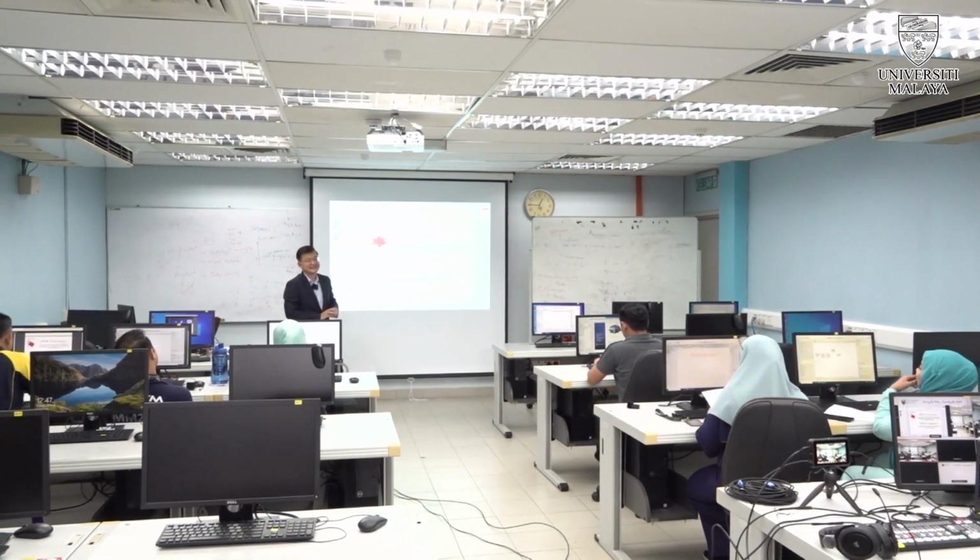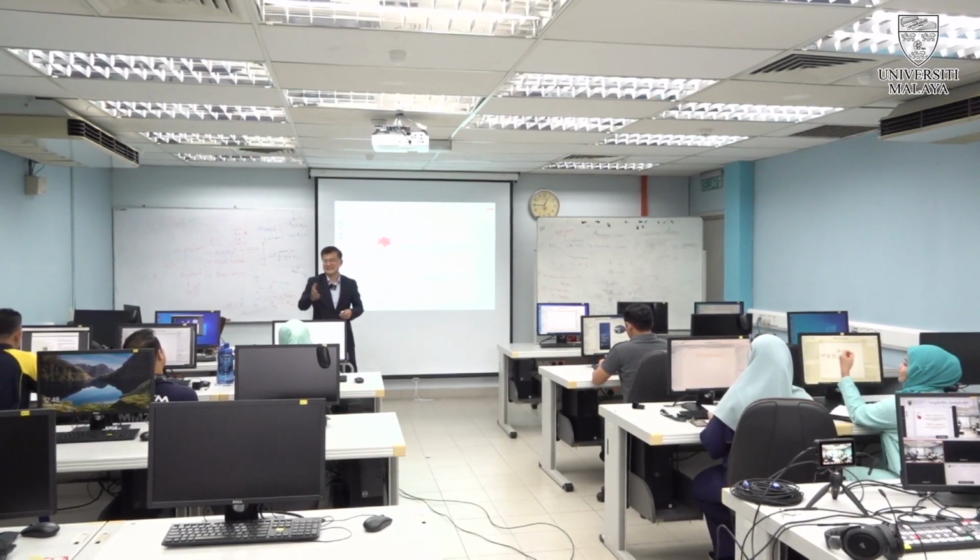So apa beza data science dengan machine learning? What is data science? Data science is the science of knowledge, from information learned from machine learning. What is the additional thing dalam data science?